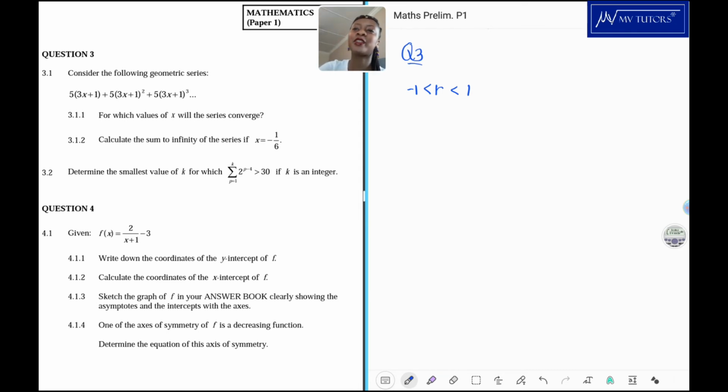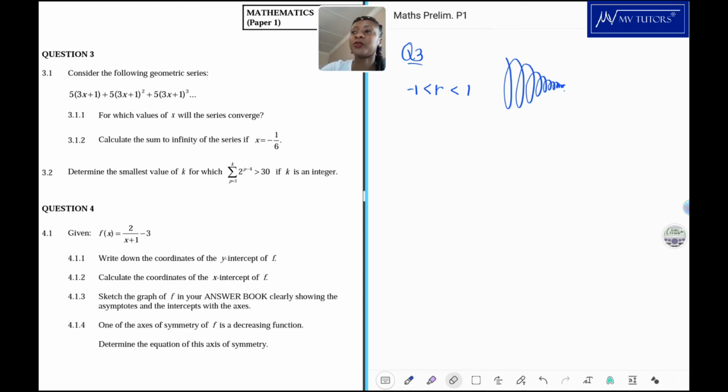I normally illustrate it like this: they start out big, and then they come out small, and finally the sum to infinity, if you add it, you get your term. So this series is converging, so we need to get the common ratio and make sure that it is in between -1 and 1.